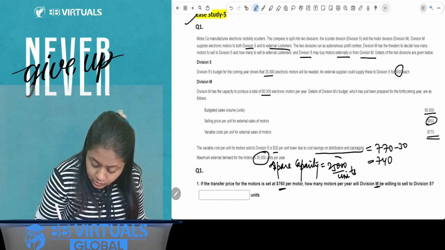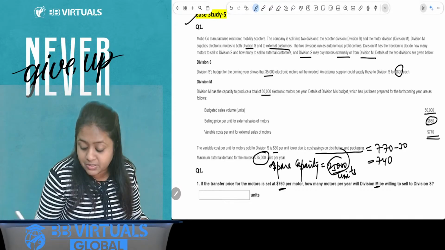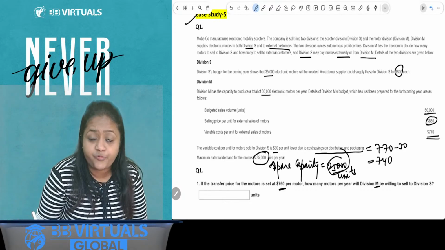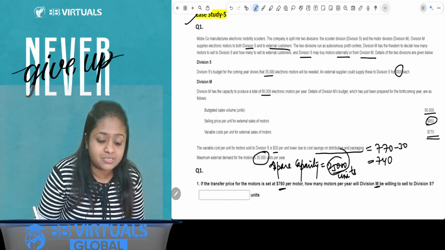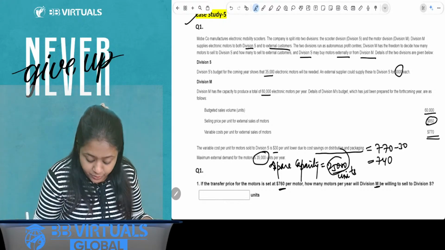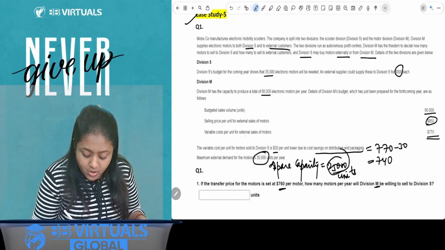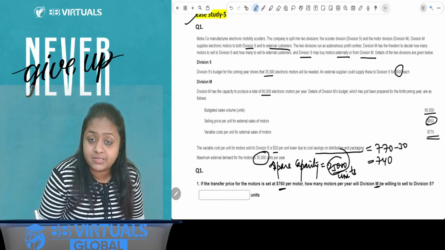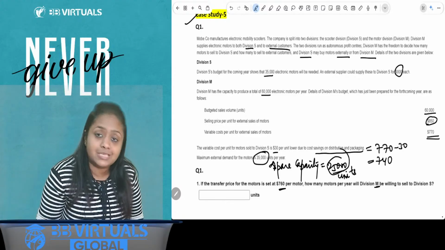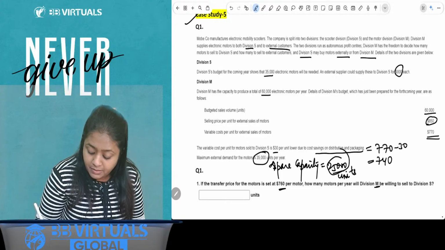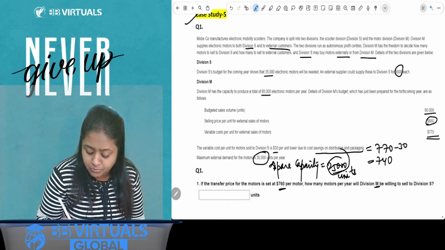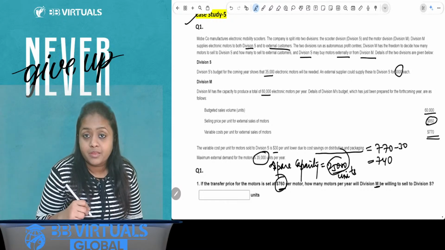They would only like to use their spare capacity, because otherwise 850 is the price that they're charging external customers. They would prefer that. Why would they like to go low? And even though the variable cost per unit for external customers is 770 and internally it is 740 only, the company is asking them to transfer at 760, right?